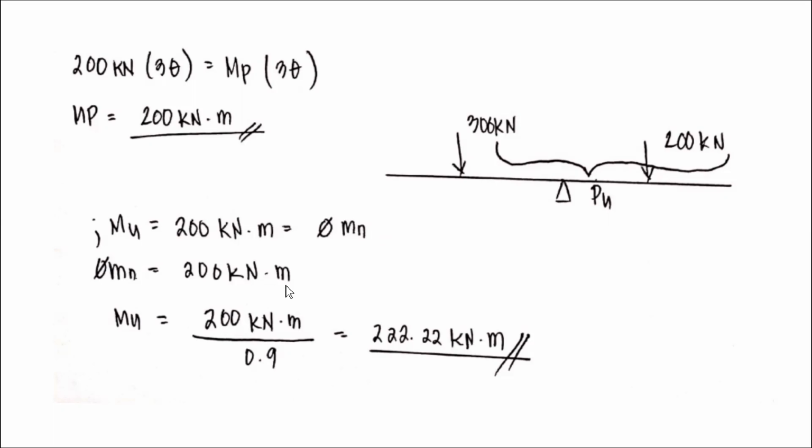Then the value of this is 0.9. So 200 kN over 0.9 is equal to 222.22 kN per meter. So sa load na to, ito yung point ng ating plastic hinge.